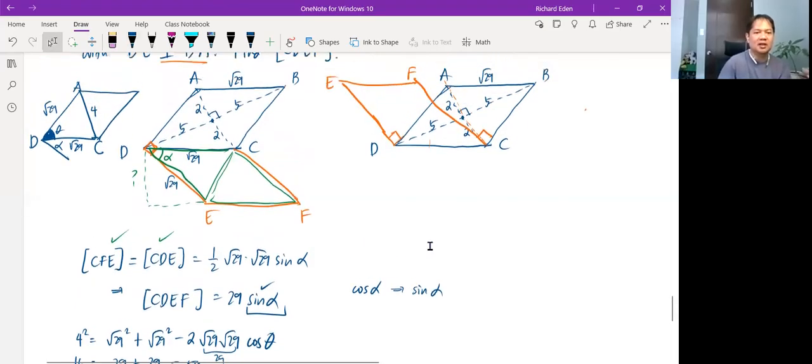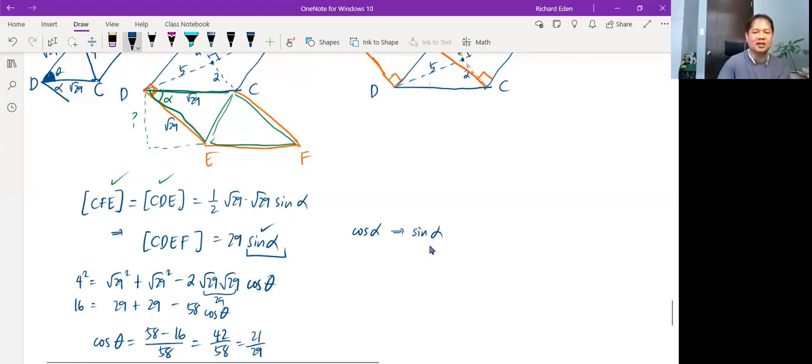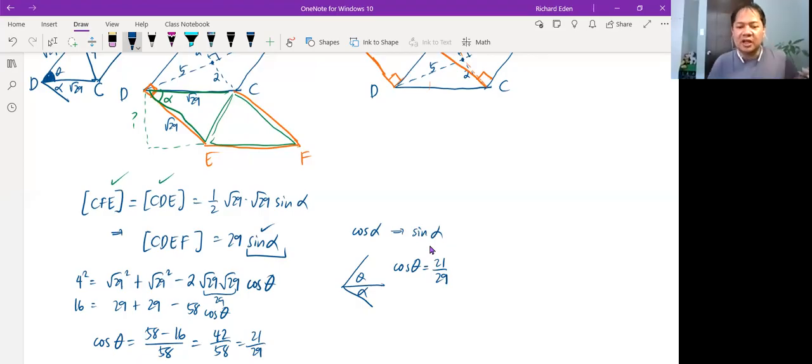So going back, balik tayo dito ngayon sa ito nung theta, and then ito nung alpha, and we know that cosine theta is equal to 21 over 29. But because alpha and theta are supplements of each other, ano nung marerelate natin to cosine alpha, but this time using alpha?